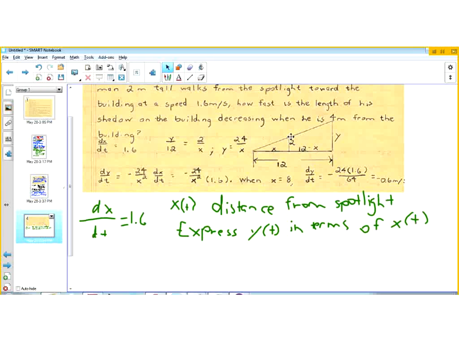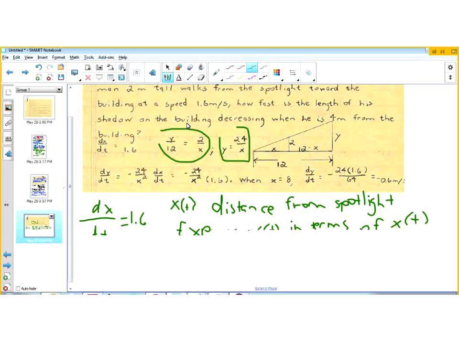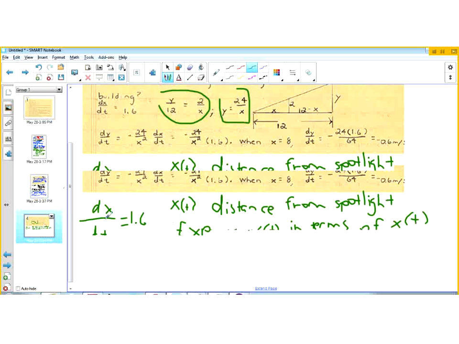As you can see in this illustration, when the guy is X distance from the spotlight, 2 meters tall, and when you're 12 meters from the spotlight, at the wall, at the instant the guy is X meters from the spotlight, his shadow height is Y. So we have Y is to 12, because the distance from the spotlight to the wall is 12, as 2 is to X. That shakes out from the similar triangle notion, and that's depicted here in this equation. Now we have Y as a function of X.